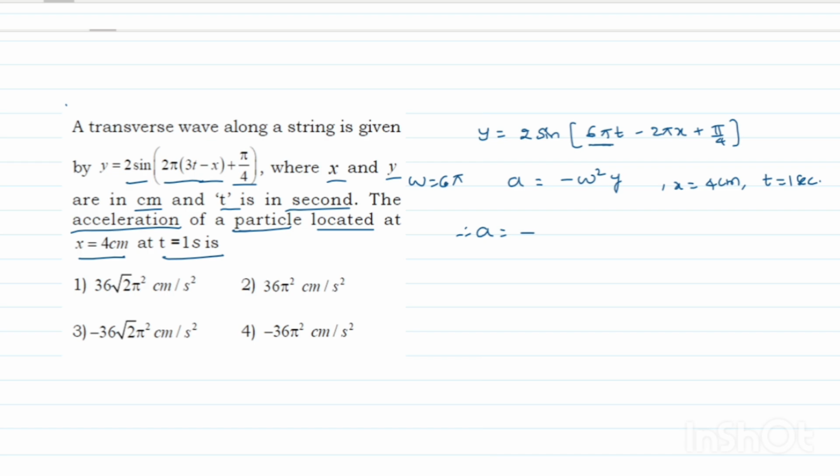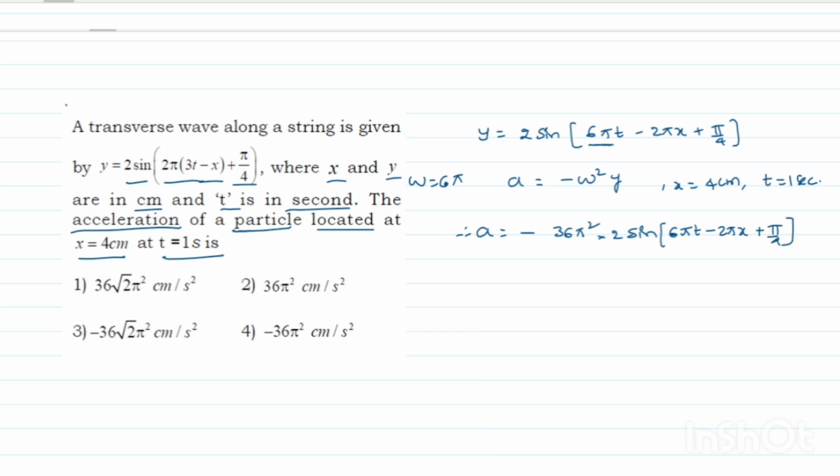So 6 pi whole square is nothing but 36 pi square, into y, which is 2 into sine 6 pi t minus 2 pi x plus pi by 4.